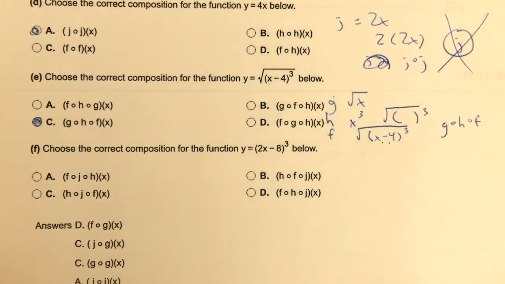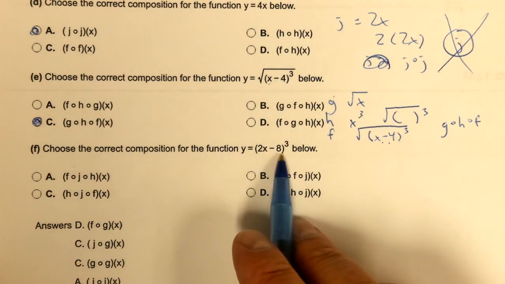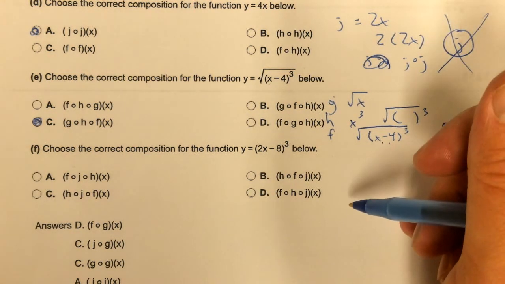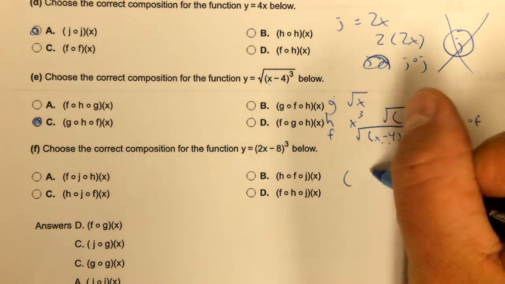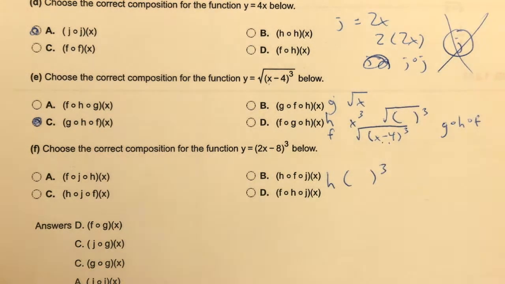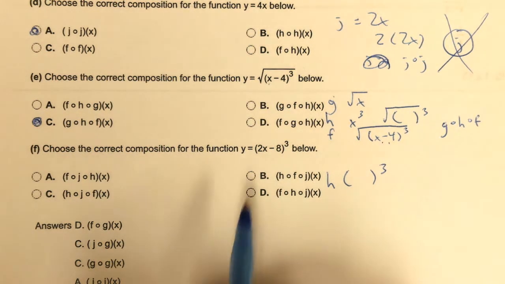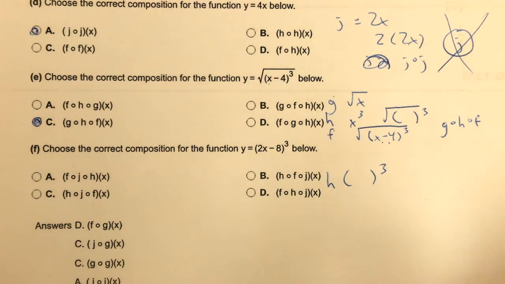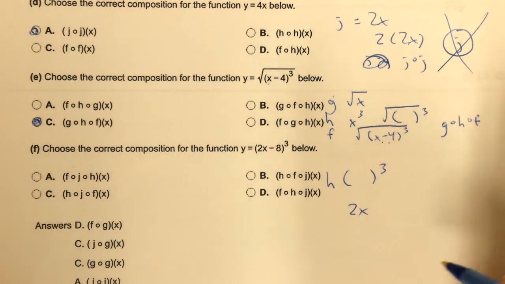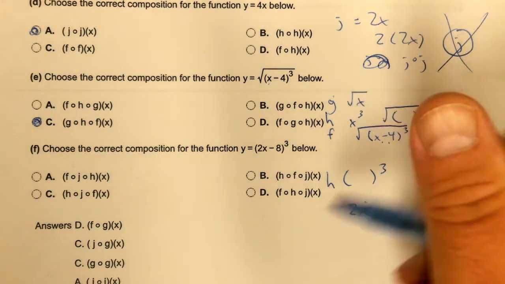Okay, and then on this one, it looks like we had to do something to the third power first, which is h. Now this is where it looks a little more complicated. You have 2x minus 8, but that's not in there. Well, what if you had 2x? If you had 2x, that would be j.